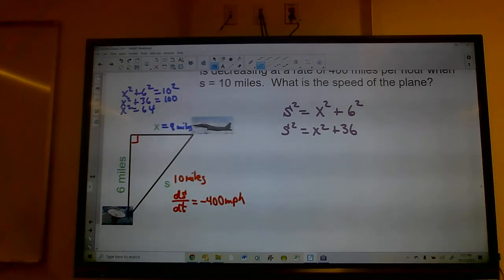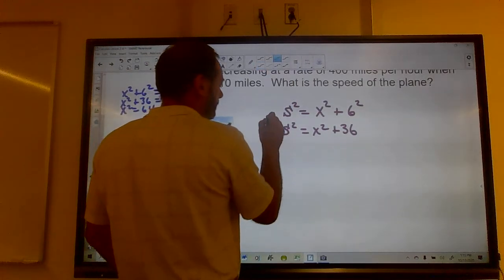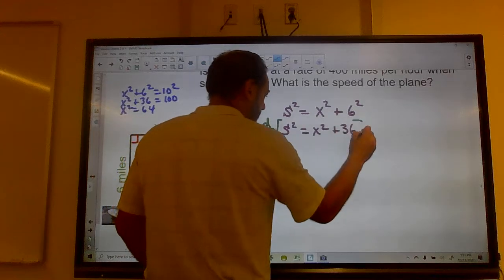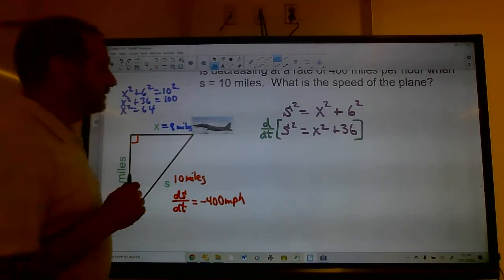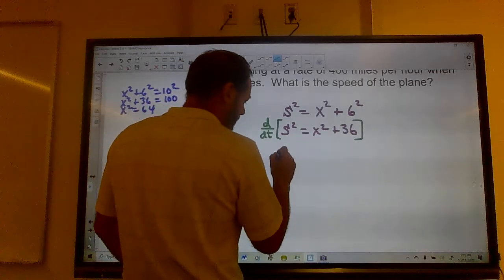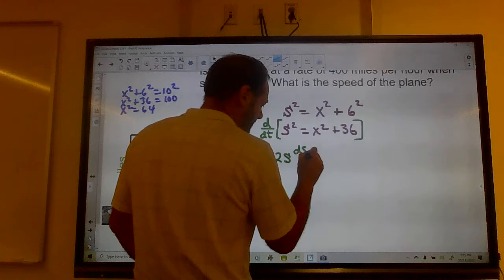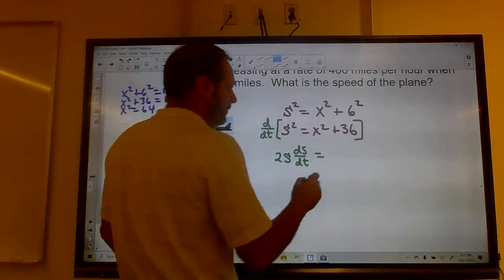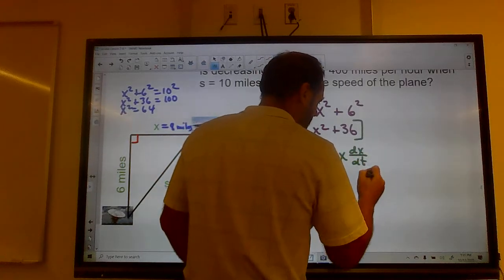Now we're going to take the derivative of this with respect to time. So we're going to get 2s ds/dt equals 2x dx/dt plus 0.